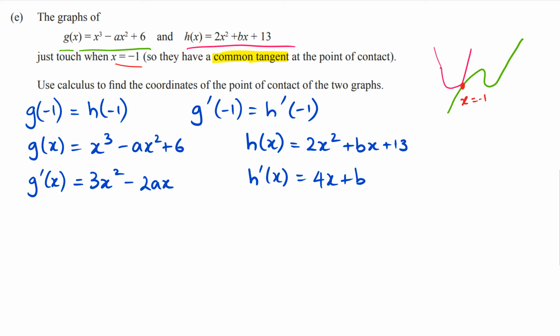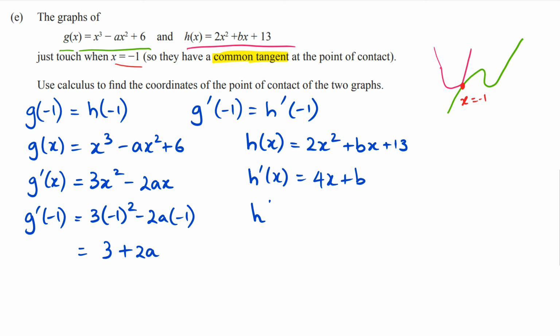Now the next step is we can write down what g dash of -1 is. g dash of -1 is going to be 3 times -1 squared minus 2a times -1. So we end up with 3 plus 2a, because -1 squared is +1, and then -2 times -1 is +2. That's how we get 3 plus 2a.